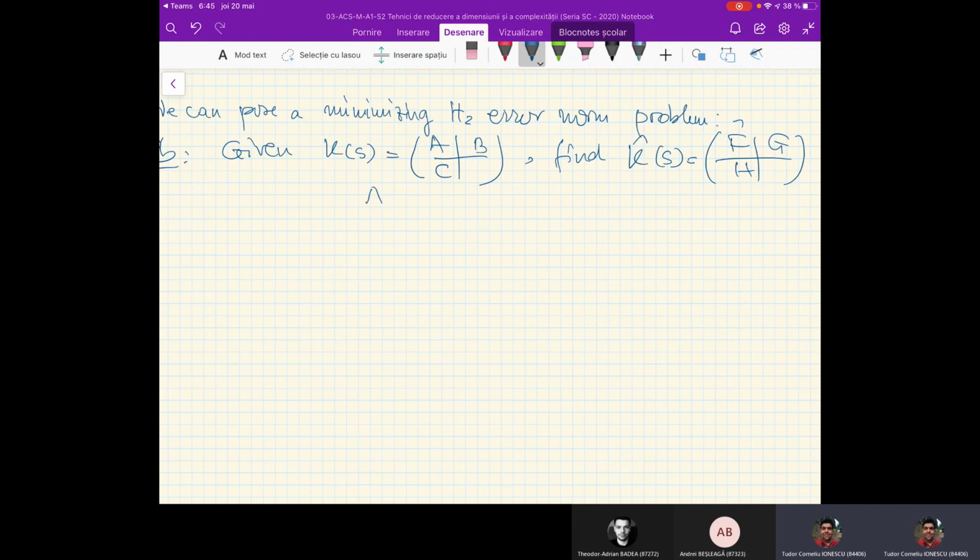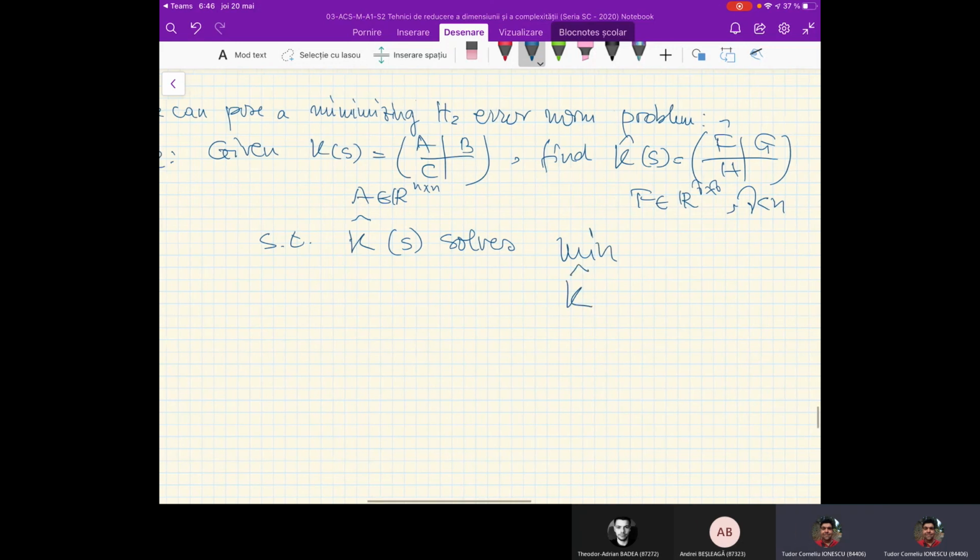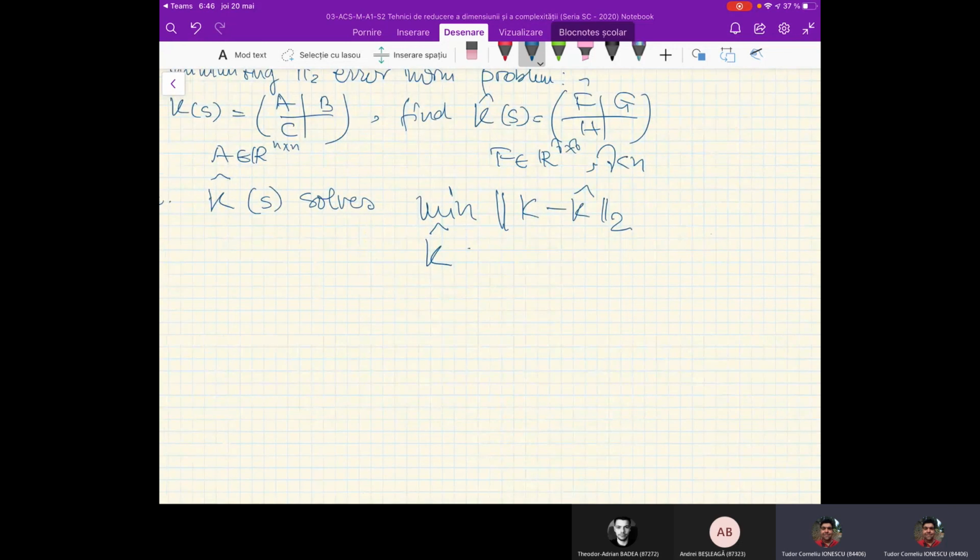Here A is in R^(n x n), here F is in R^(ni x ni), with ni smaller than n, such that K hat(s) solves the minimum over all rational functions K hat of the 2-norm of the error.